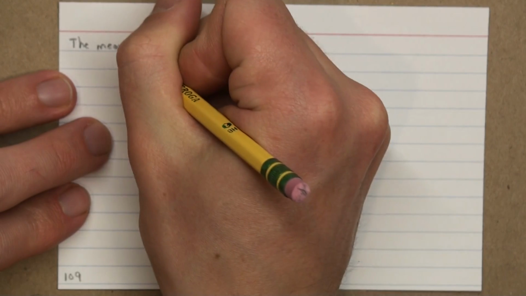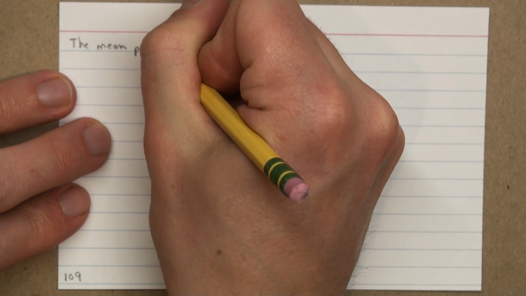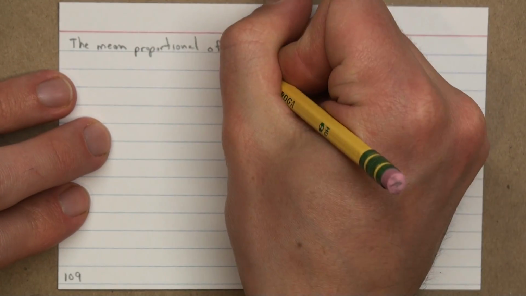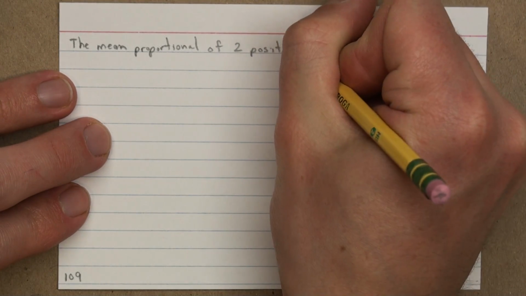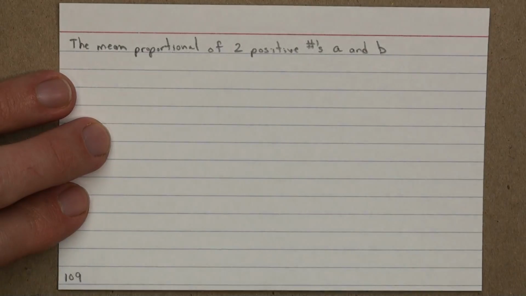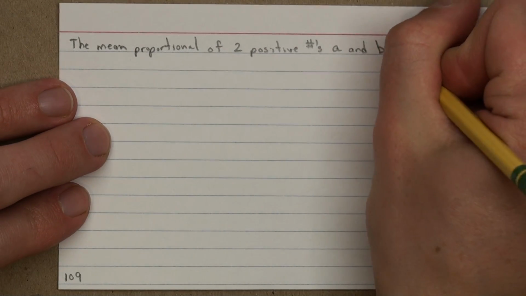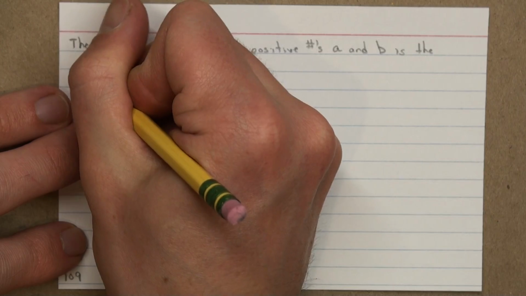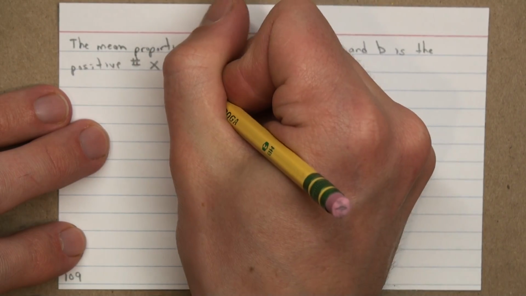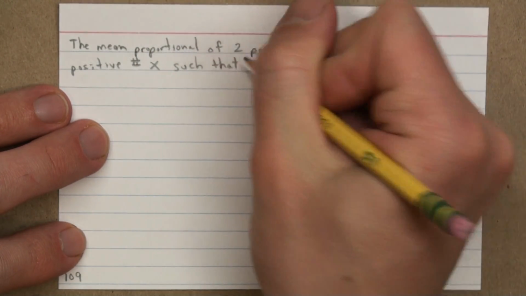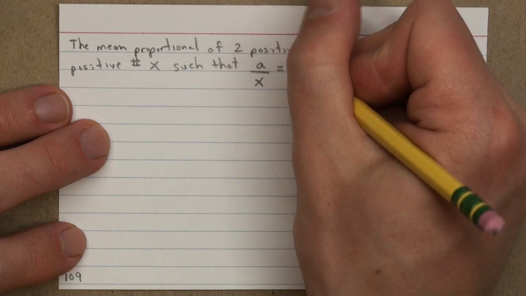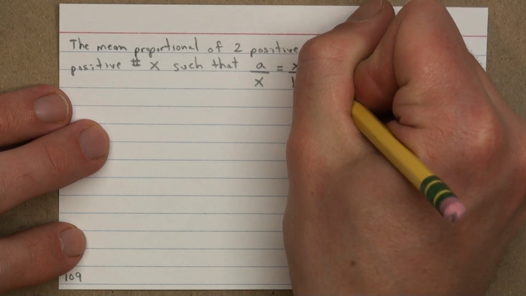The mean proportional of two positive numbers, and let's just call them A and B, is the positive number X such that A over X equals X over B. Okay?